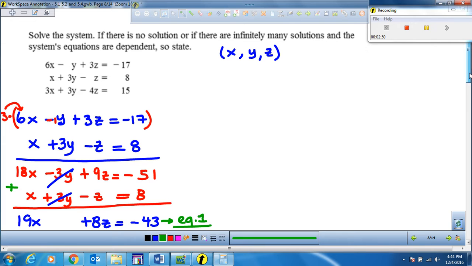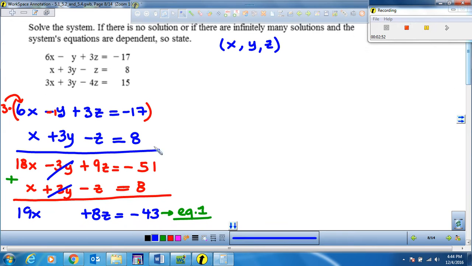And why am I calling this equation 1? Because the next step is going to be using 2 equations from the originals again to form another equation that is going to be written in terms of x and z only, that is going to have no y. So you must use the third equation that you have not used at all in combination with one of the other 2.